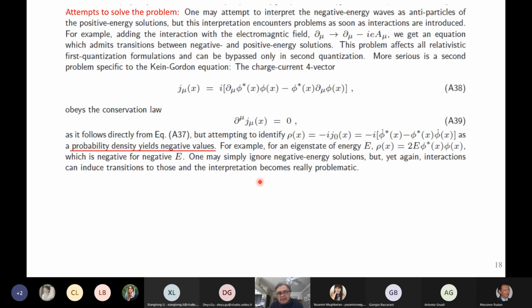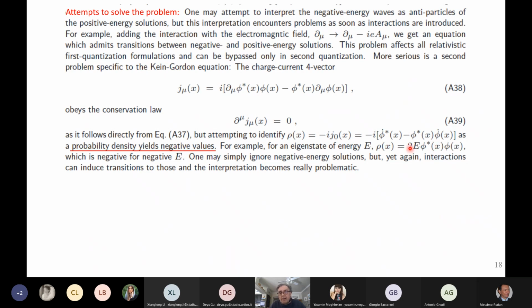electrons and positrons. There is a problem in the sense that if you now look at a probability current, probability flux, which now becomes a four-dimensional vector, and you interpret the time-like component as a probability for a particle, with the corresponding probability flux given by the three space-like components of this probability current density, the probability gets negative values for negative energy particles, because it's exactly twice the energy of the particle times the squared wave function.